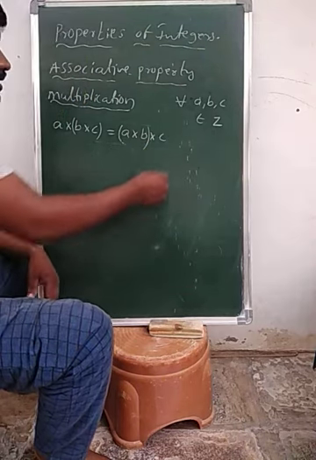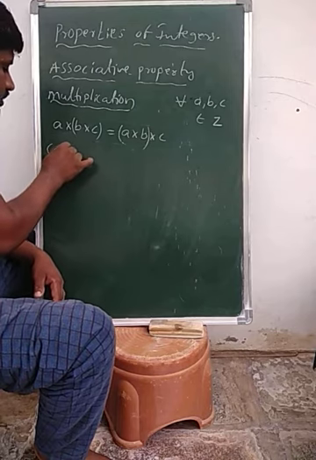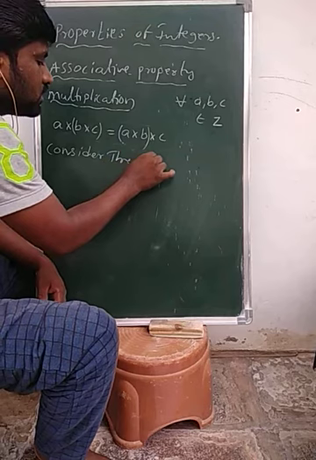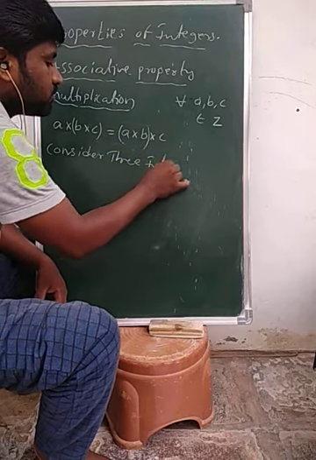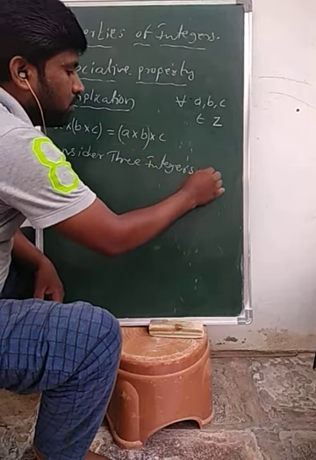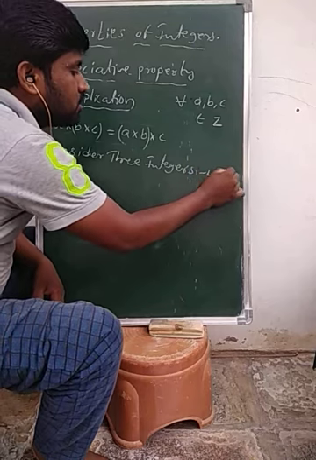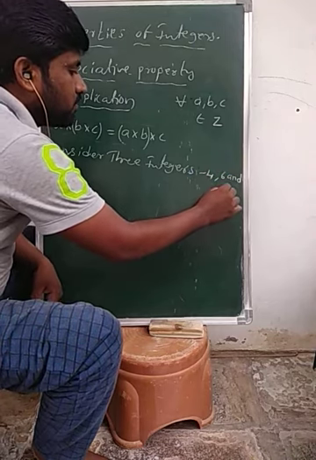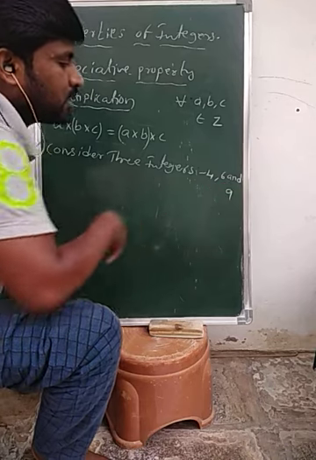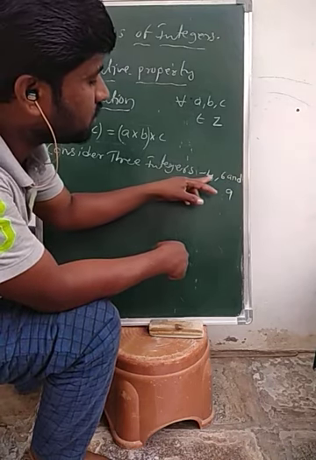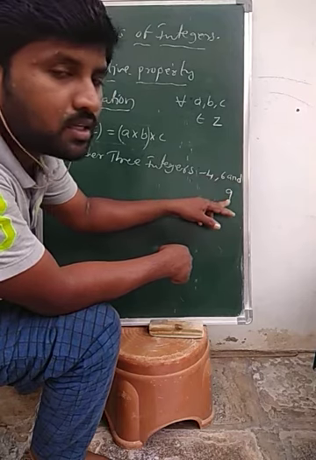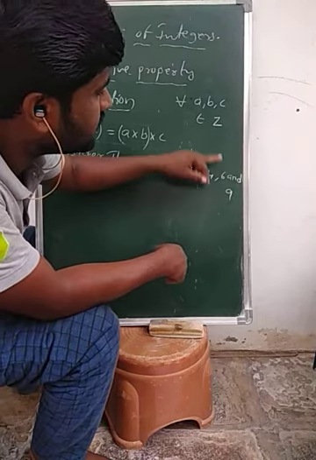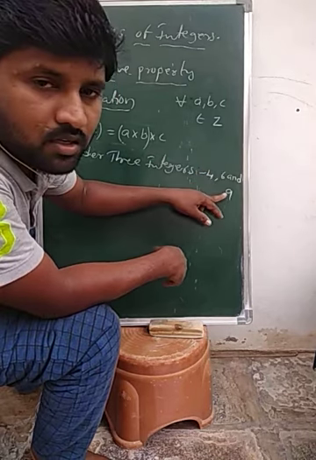Okay, I am taking an example here. Consider three integers -4, 6 and 9. What have I taken? -4, 6 and 9. You understand a as -4, b as 6, c as 9.